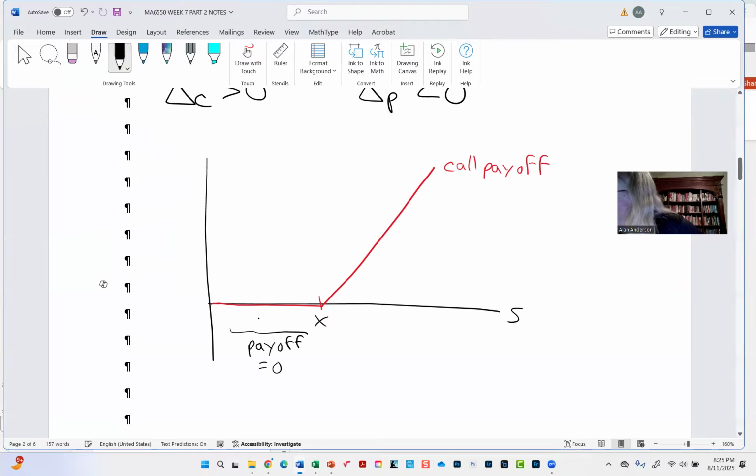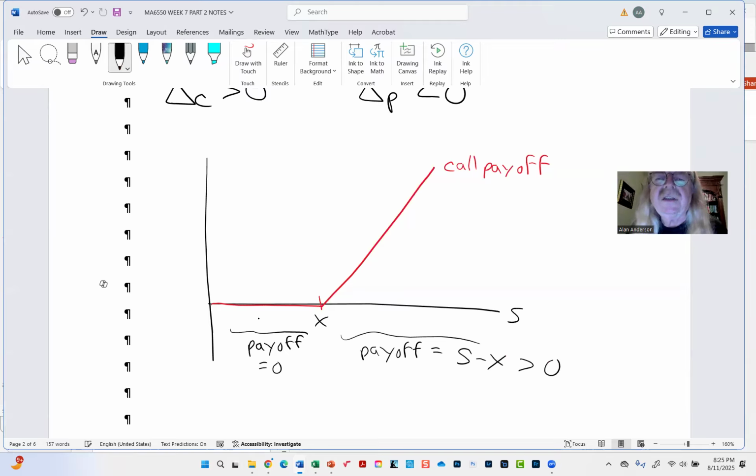Up here, the payoff is S minus X, which is guaranteed to be positive. And you can see the slope is one there. This is the payoff. This is also the value of the option on the maturity date.